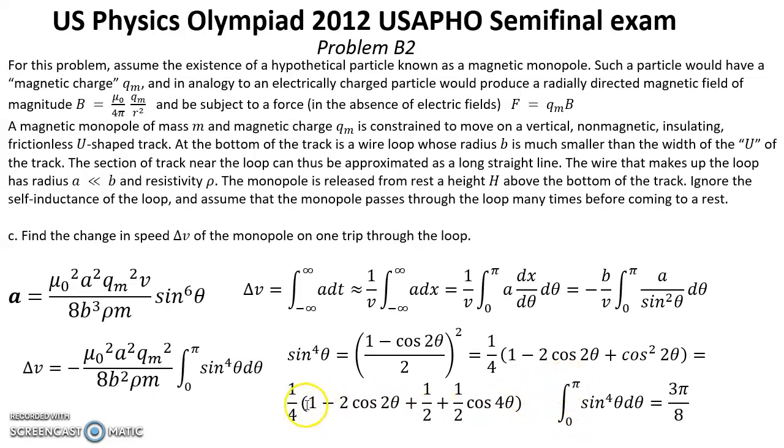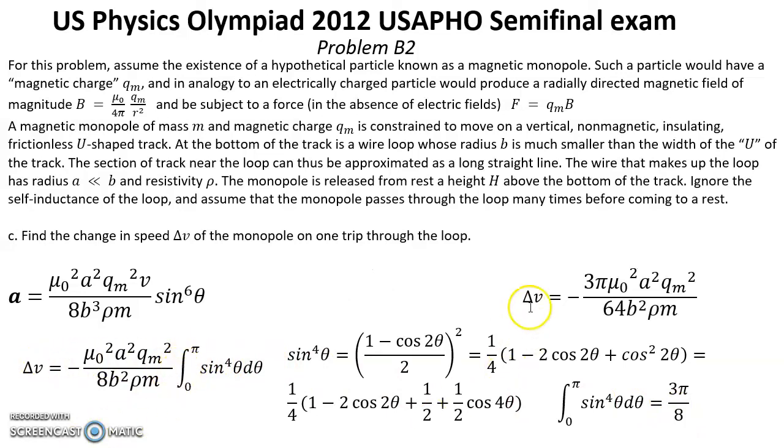And for the rest we have 3 over 8, which is constant, and finally this integral equals 3 pi over 8. And we can put this result into this formula. That will be our final result for delta V. That's a negative, this expression, which is the answer for question C.